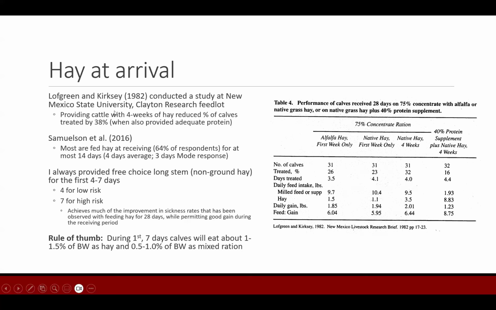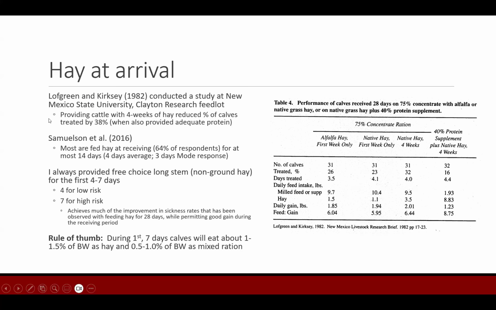Okay. So by providing 4 weeks of hay, it reduced the percent of calves that were treated by 38%.